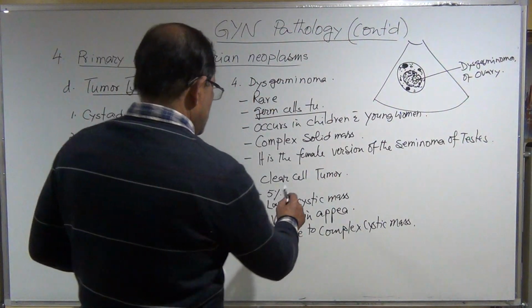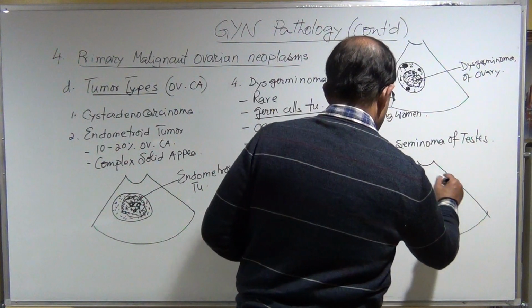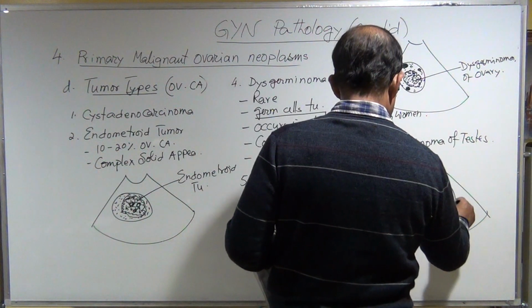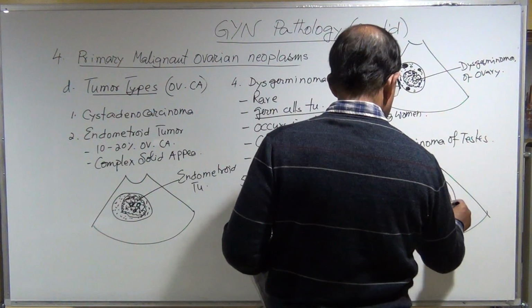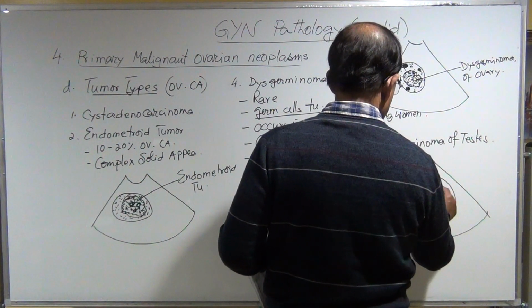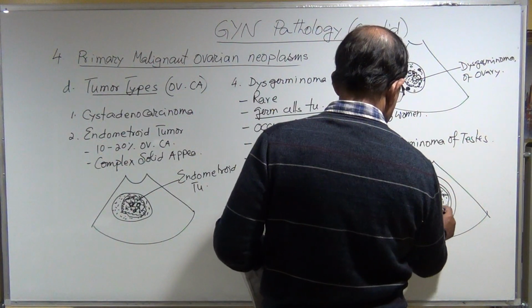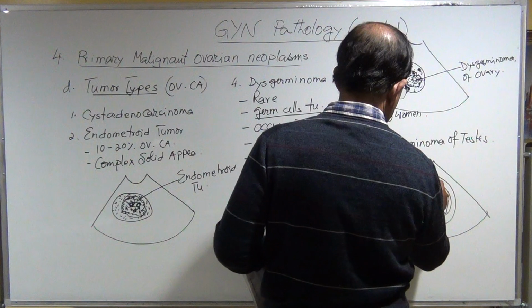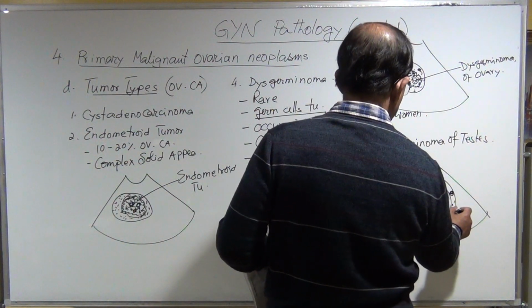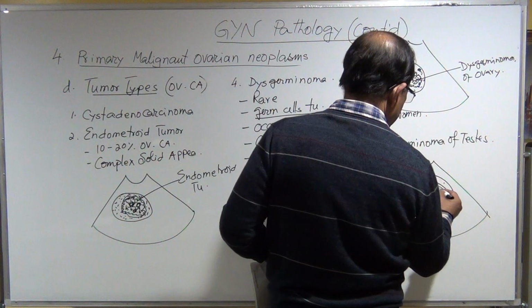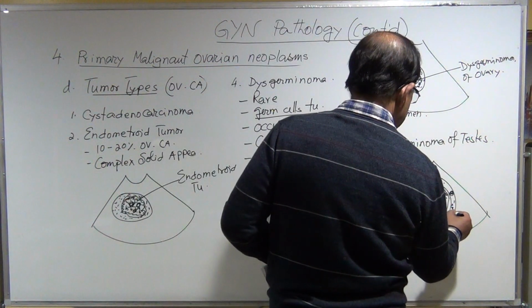So, okay, if you want to see the sonographic image, if this is the ovary, okay, and this clear cell tumor can be big enough. It's a cystic mass.